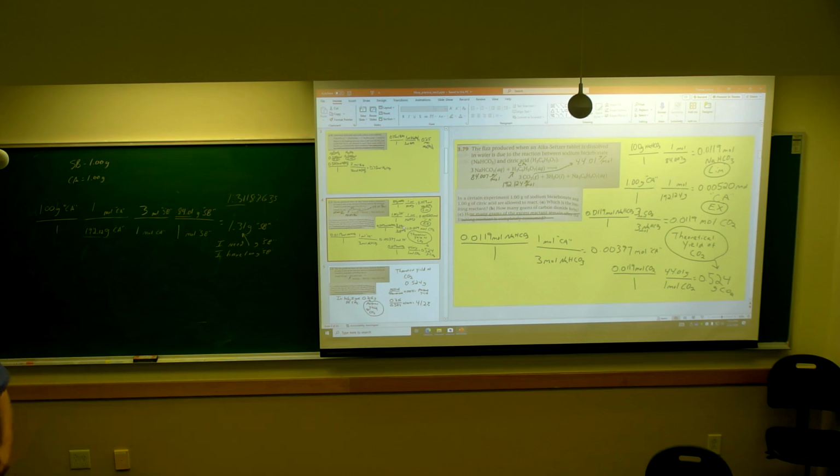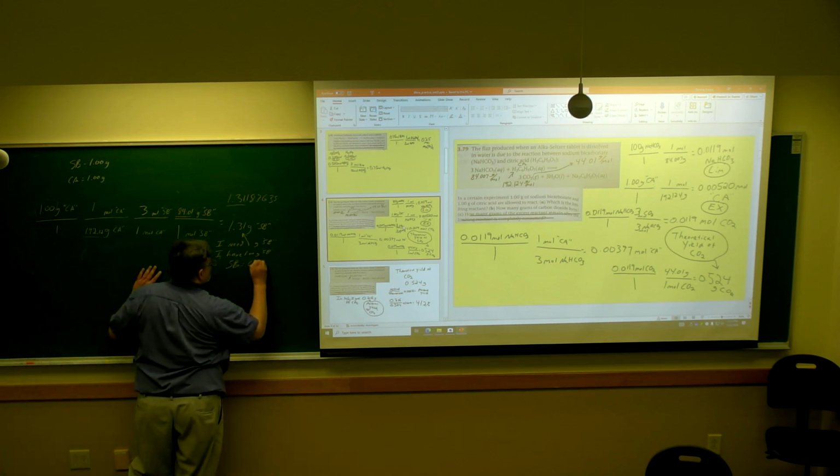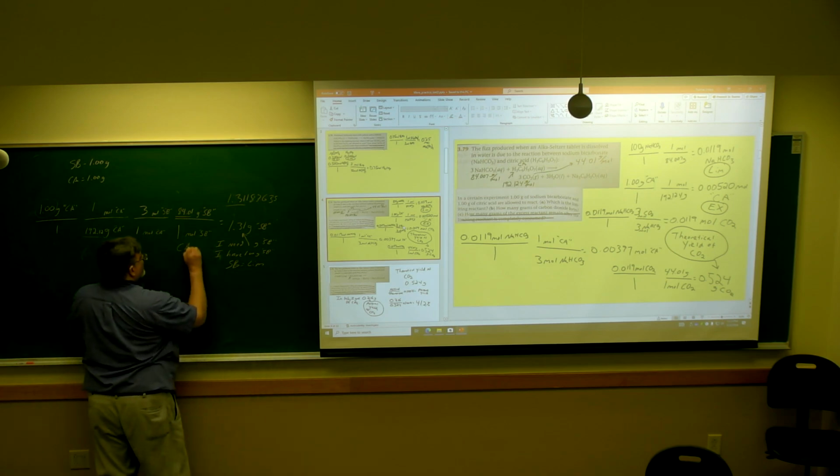So what's the conclusion? I have 1. I need more than 1, though. I don't have enough sodium bicarbonate. Sodium bicarbonate is limiting. And the citric acid is in excess, necessarily.